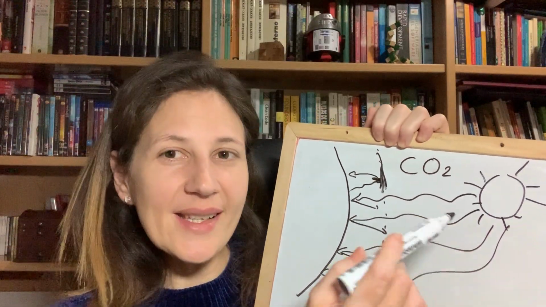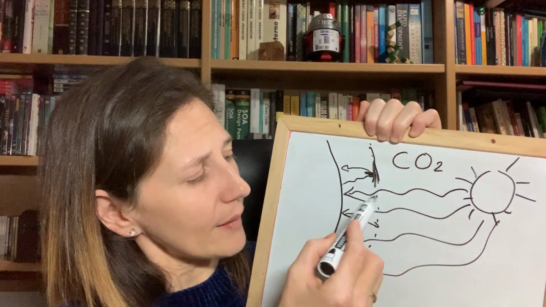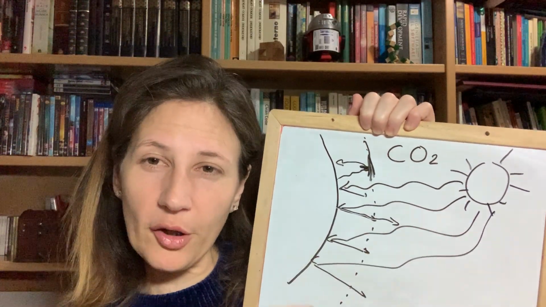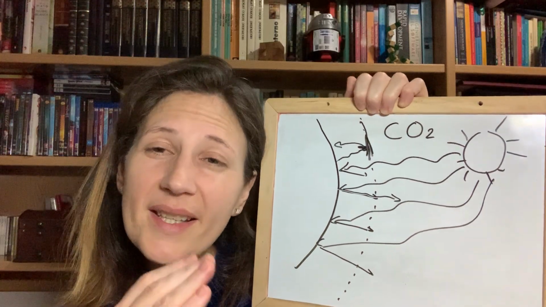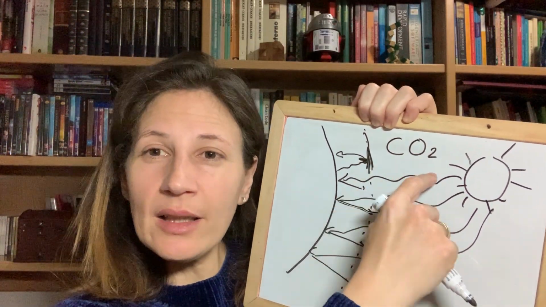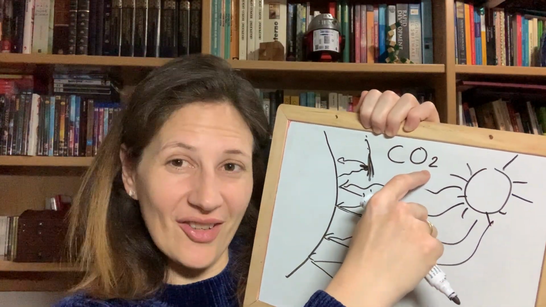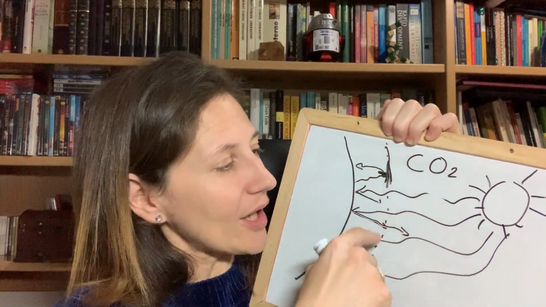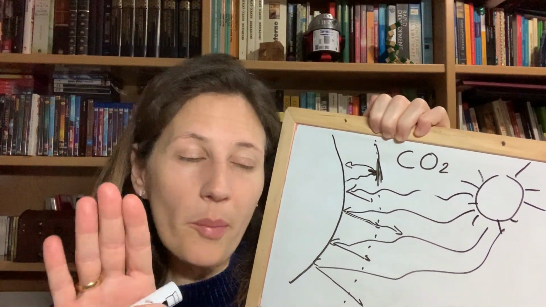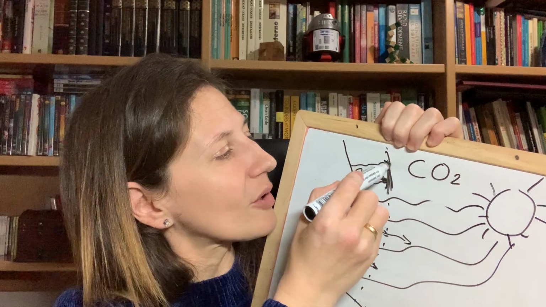We have these rays, and in normal situations, these rays reboot and should go out of the atmosphere, go back to the space. What is the problem with the global warming? We are producing lots and lots and lots of carbon dioxide, okay? Carbon dioxide makes a kind of layer, and it stops the rays to go out.